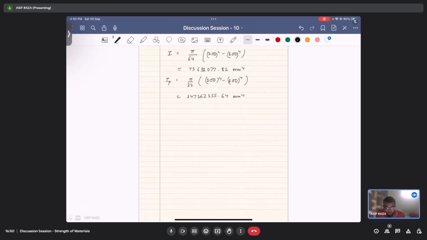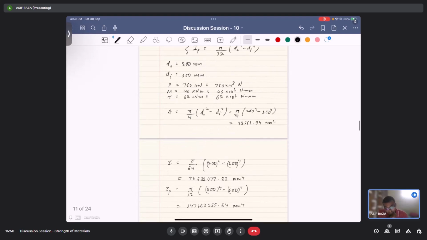Okay, so first let's find maximum shear stress. In the given question, there is a bending moment as well as a direct stress. So we have to combine these to get the normal stresses due to these two systems.